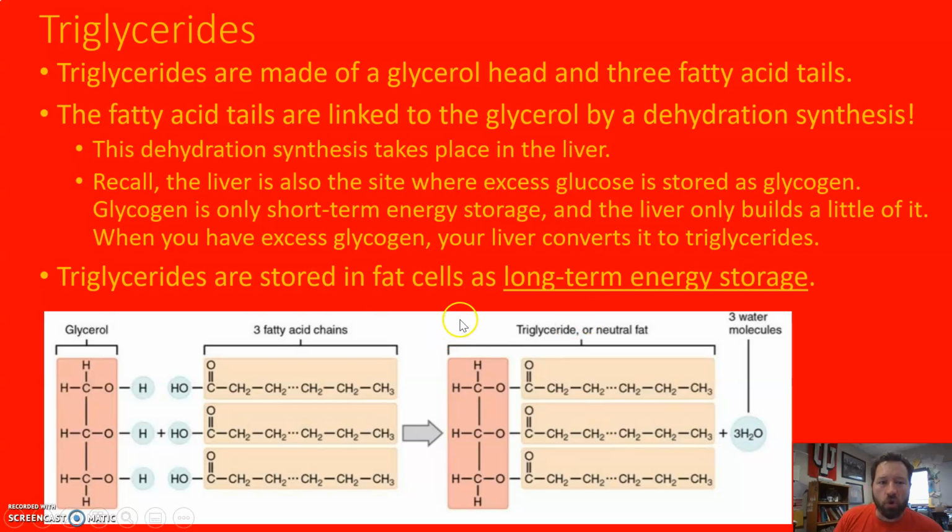Well, you can only have so much glycogen before you have too much short-term energy storage in the glycogen, and at that point, your liver starts to convert the glycogen to triglycerides. And the triglycerides are stored in fat cells around your body as your long-term energy storage.